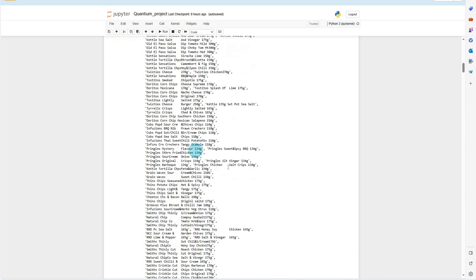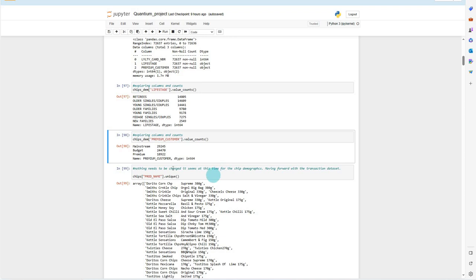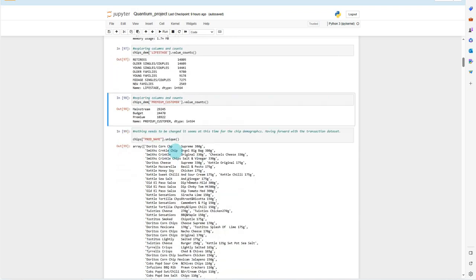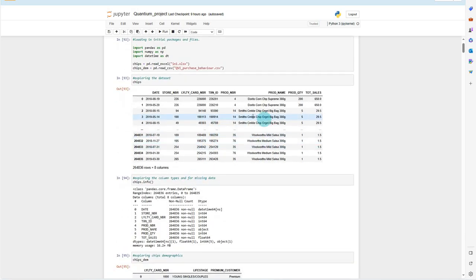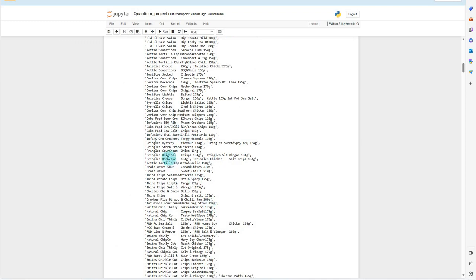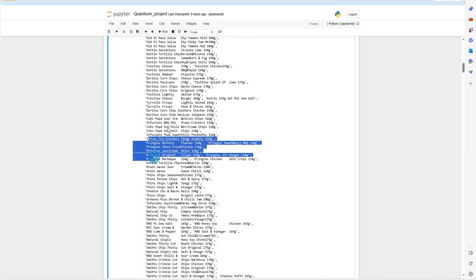The first thing I noticed when I was looking at it was the product names. They don't have any columns for brand or weight. It's all in the product names, all smashed in there. So we have the company names in the front, then we have the chip variety or flavor or whatever you want to call it.